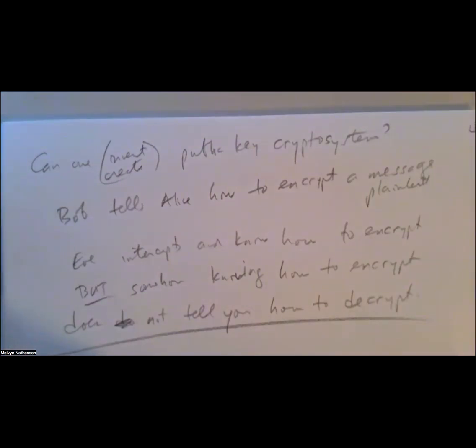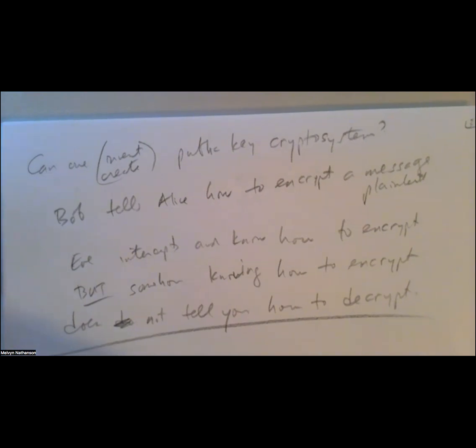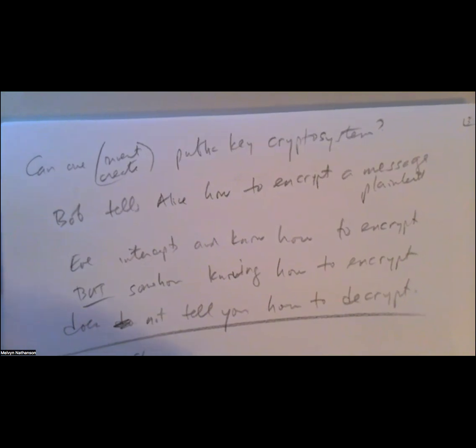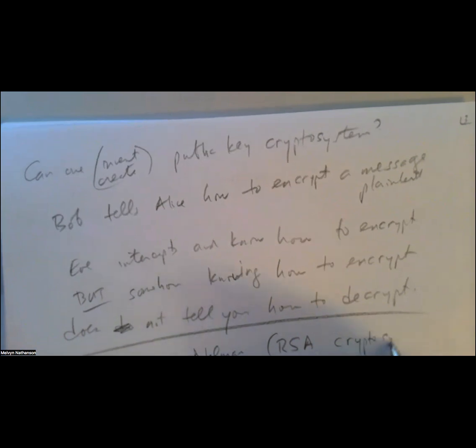And there was a beautifully brilliant and simple solution that was found by several people. One was a group at MIT. There were mathematicians Rivest, Shamir, and Adleman. And their initials RSA gave this the name, the RSA crypto system.